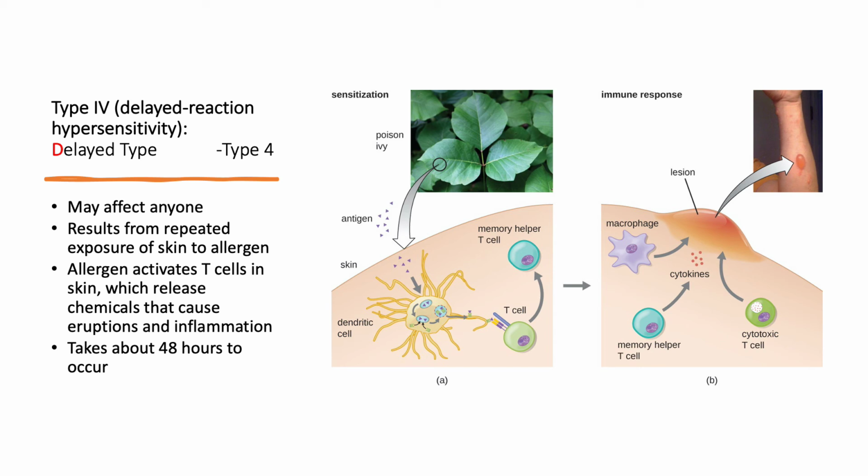This lesion, which will persist until the allergen is removed, can inflict significant tissue damage if it continues long enough. That's why if you touch poison ivy, you need to make sure you clean properly and take the allergen away from your skin for healing.